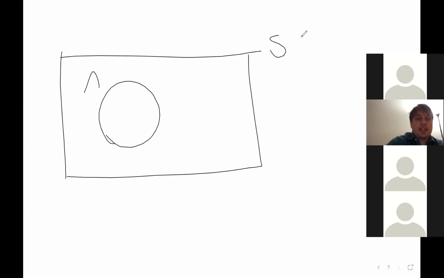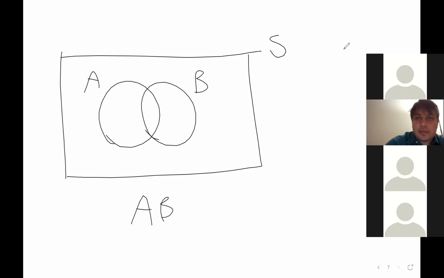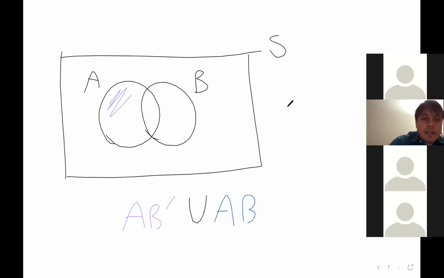You have A, you have B. If you look at AB prime, I'll use colors again, and you union it with AB, then AB prime is this part and AB is this part.